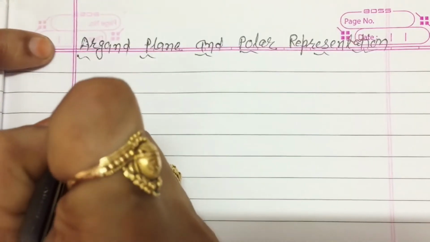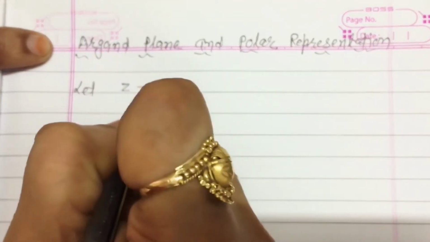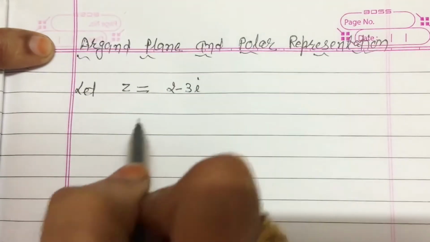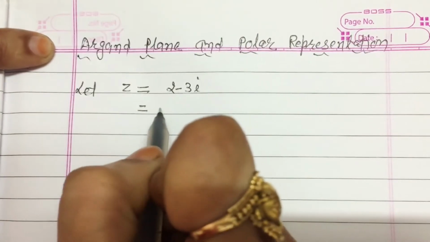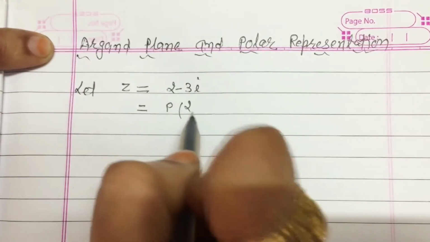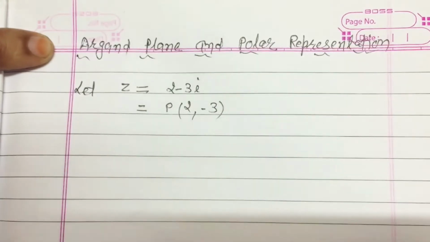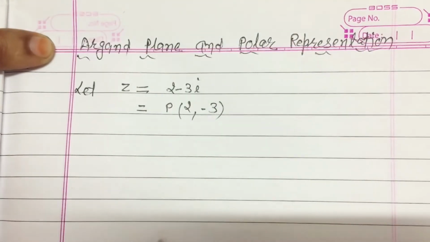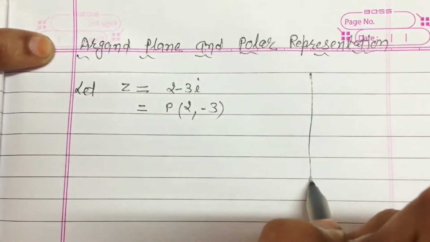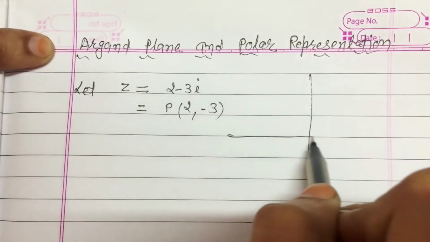Students, let z equal 2 minus 3i be a complex number and it represents a point P. Then the coordinate is (2, -3). Then how can we represent it on a plane? Now let's see.